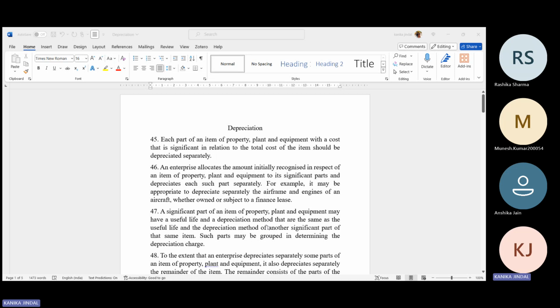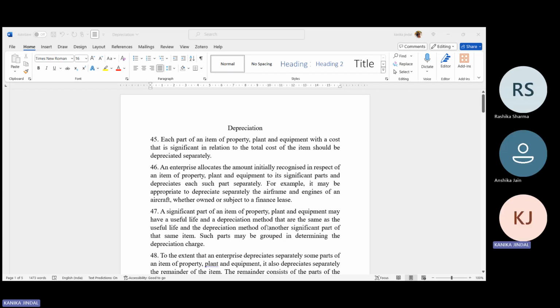So first of all, what is depreciation? Depreciation is the monetary value of an asset which decreases over time due to use, wear and tear, or obsolescence, and this decrease is measured as depreciation.